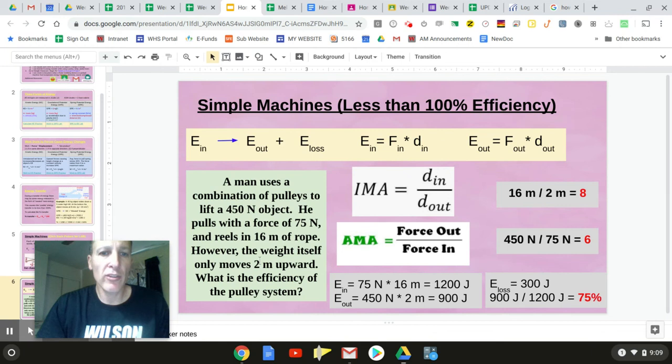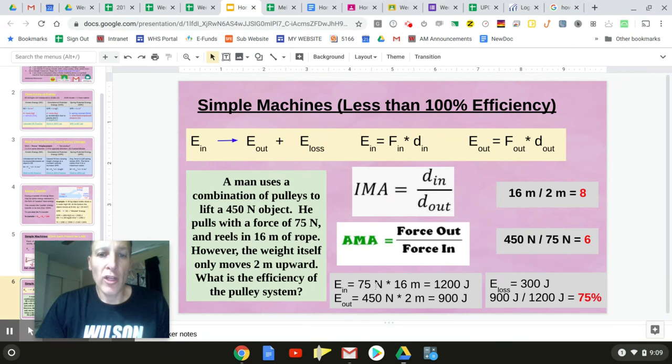So if we want to run through this, the ratio of the distances is 8. That would be the ideal advantage we get if we had a 100% efficient machine. However, not all of the energy was used. There was some loss, right? And we can see that because the actual advantage is not 8, right? The ratio of the force out to the force in is only 6.